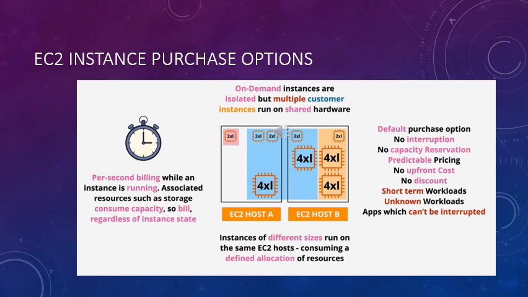The default purchase option is on demand. So this is the default purchase option, and it has no interruption. So you never lose your EC2 instance or virtual machine. You always keep it going. So for example, with spot instances, that's not true.